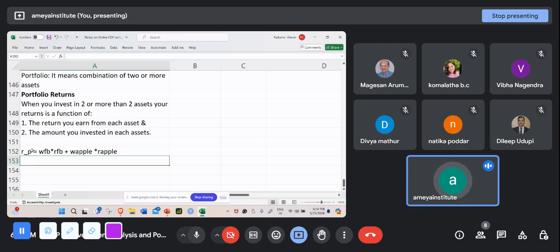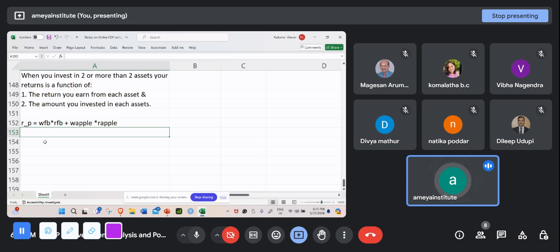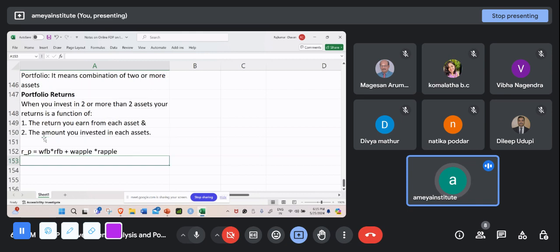The individual asset's weight and return, plus the other asset's weight and return, combined together become the portfolio return. That's the basic criterion for calculating portfolio returns. Am I clear with this? Yes.